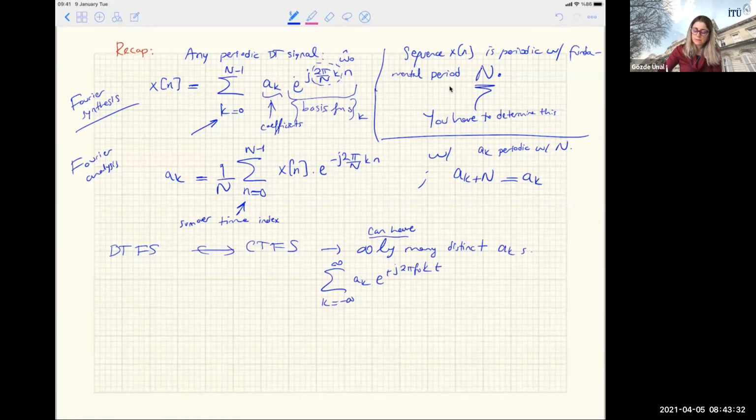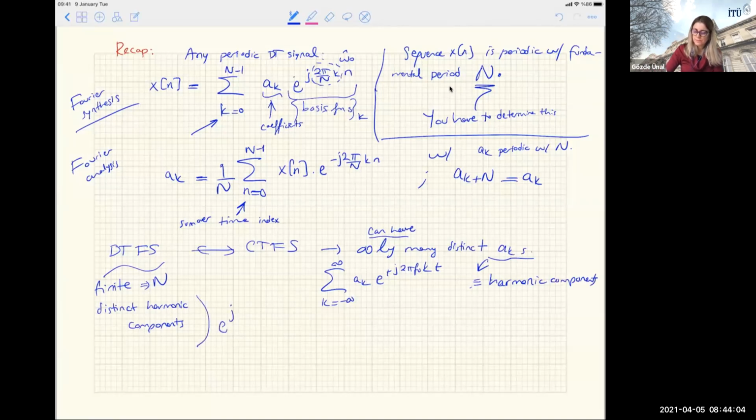Remember, this was for continuous time. Now we have a finite number, actually just N distinct. We can also call these harmonic components, meaning each has its own sinusoid, e to the j 2 pi over N k n, right?